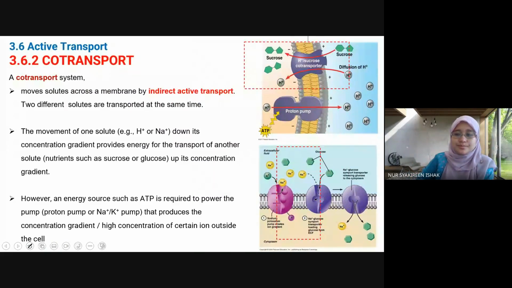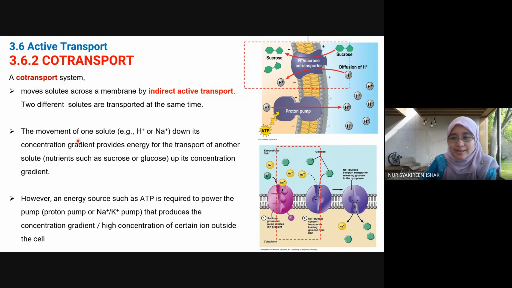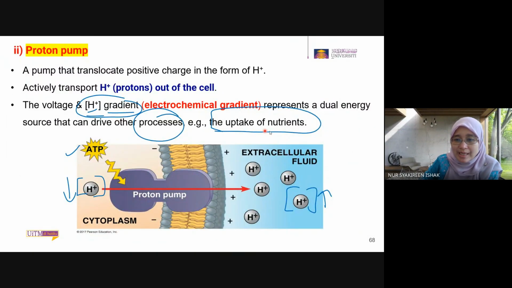So cumanya awak kena tahu the proton pump pumps hydrogen ion from inside the cell with low hydrogen ion concentration. It pumps out to the outside of the cell where there's high concentration of hydrogen ion. So it requires energy from ATP. So the application kita tengok ni, it involves the uptake of nutrients.